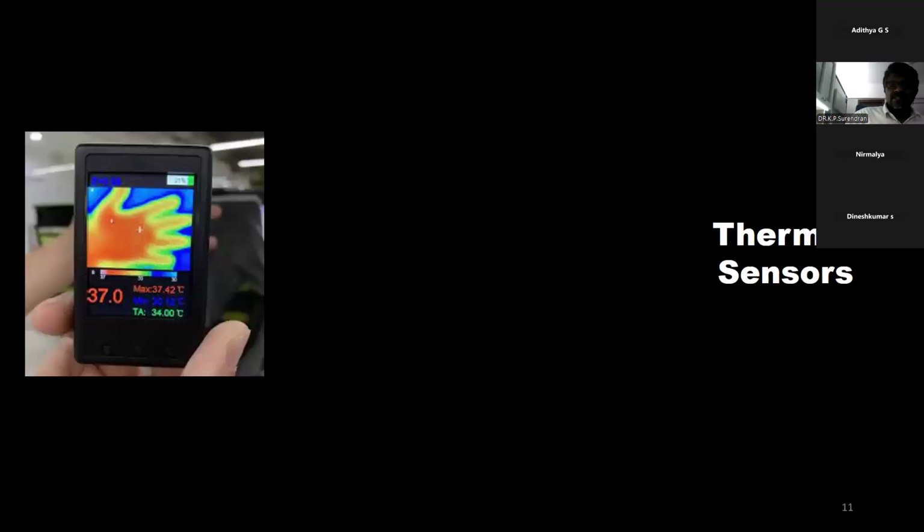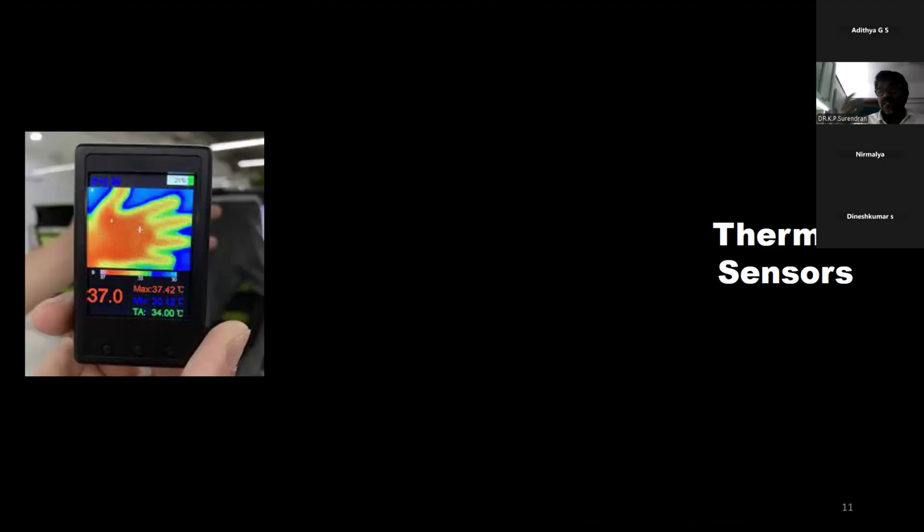The second sensor that I'm going to speak about is the thermal sensor. A thermal sensor means anything that senses temperature. A thermometer is a very good thermal sensor, but a thermometer can sense only the temperature of a point.